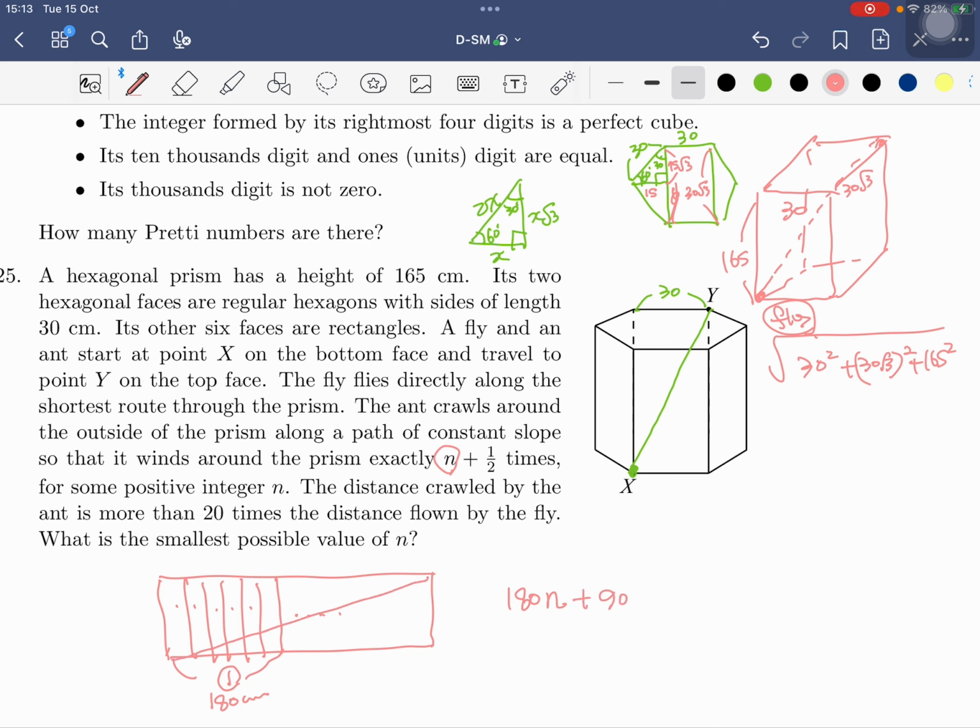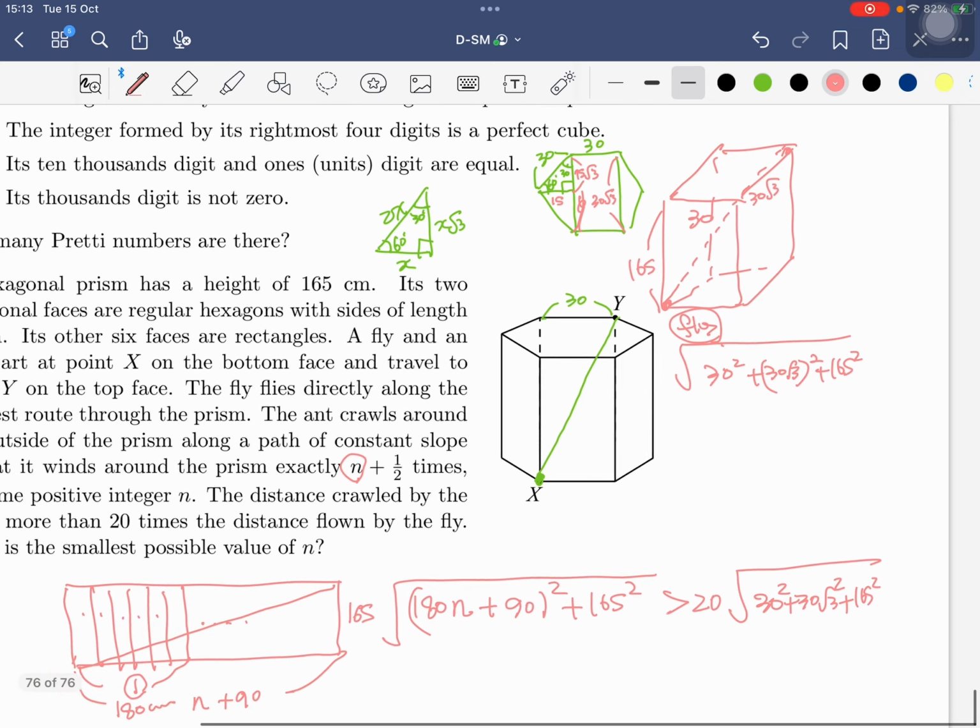So the ant goes like this: 165 here, and 180n plus 90 here. If we calculate it with the Pythagorean theorem, it is squared plus 165 squared. This is more than 20 times the fly's distance, 30 squared, 30 square root 3 squared, 165 squared.